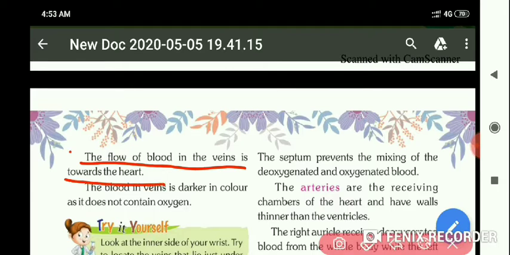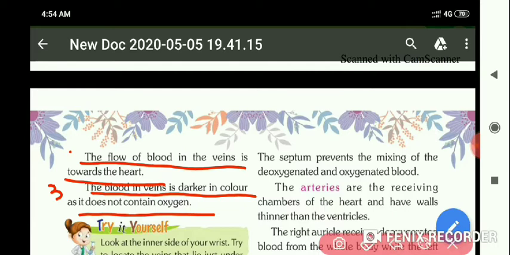Second point. Third point, the blood in veins is darker in color as it does not contain oxygen. This is third part. So these 3 points of arteries and 3 points of veins you have to write down as difference between arteries and veins.